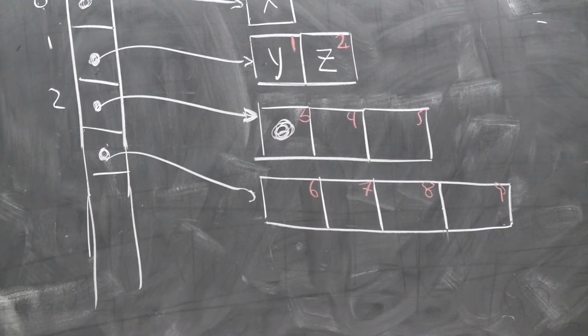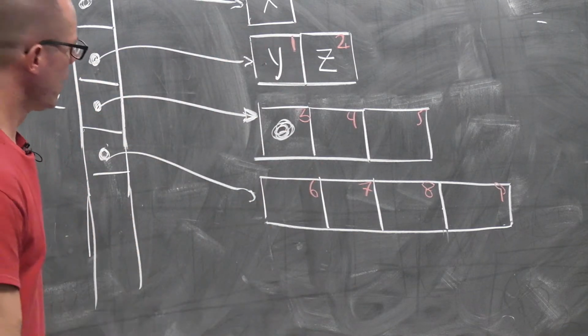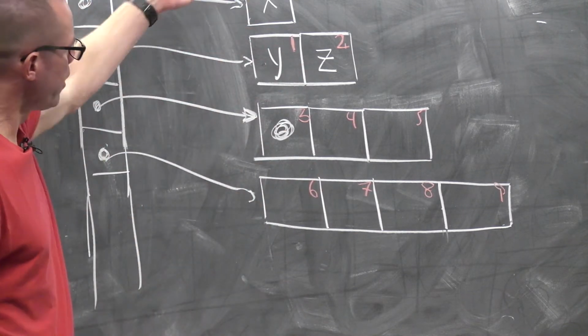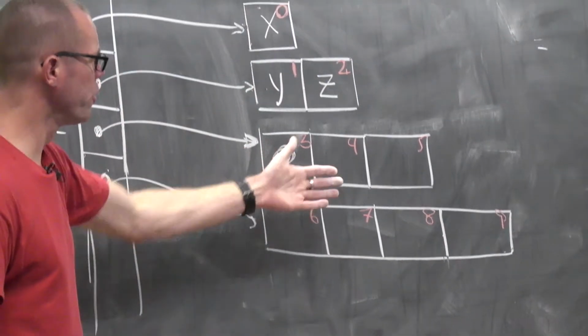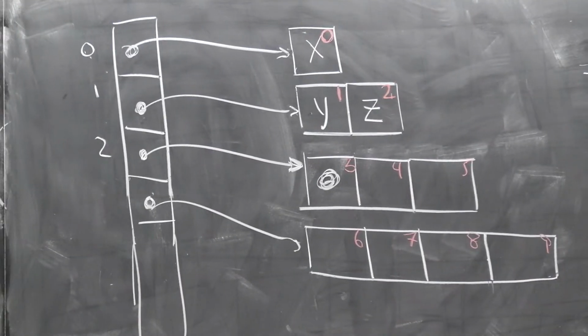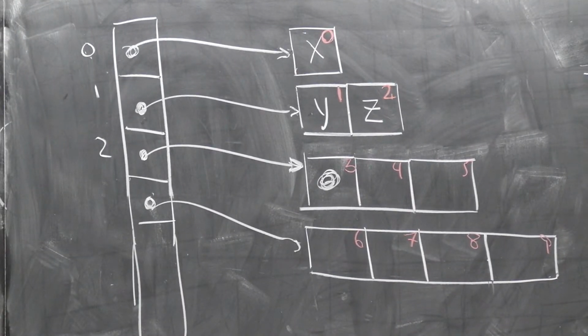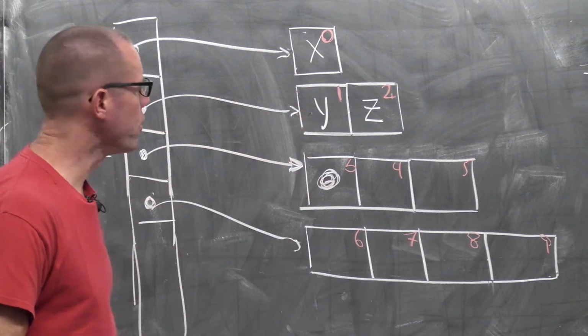So this is going to be our representation of a list. Basically, we have a sequence of arrays of size 1, 2, 3, 4, 5. We pack our list items into those arrays in that order. So the index in the list is related to which of these arrays you're in.